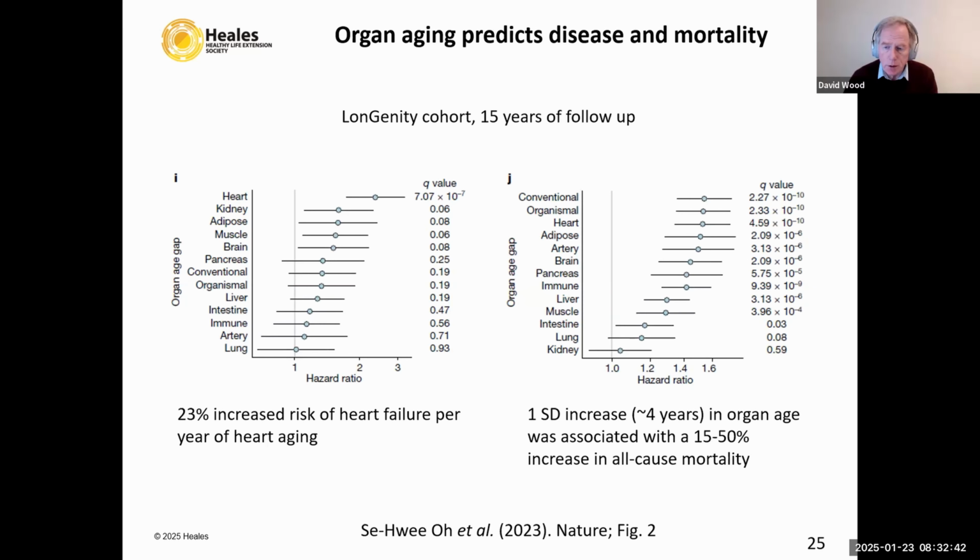Just a response. I think Josh makes a good point that there are two different types of gene expression. But from the point of view of these articles, the point is to provide a fairly low-cost method of indicating that organs are aging. And both types of gene expression will indicate that organs are aging, and therefore people may want to change their lifestyle or have some treatment in order to avoid having more changes in these organs.